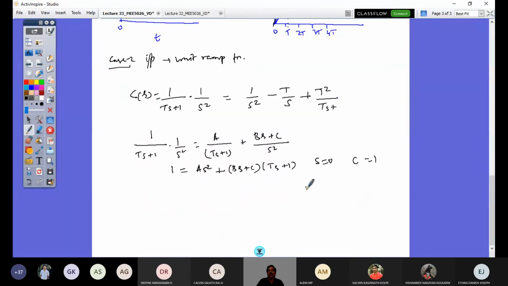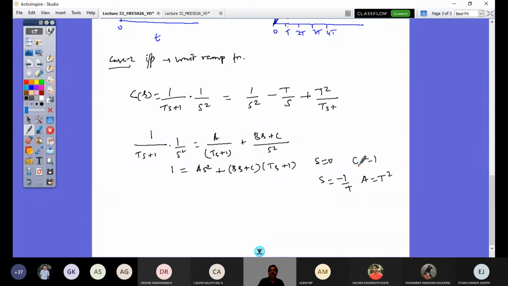If s is minus 1 by t, I put minus 1 by t, so that this entire thing is going to be 0. So I will get the a value as t squared. And then I can get the b value by substituting these values.